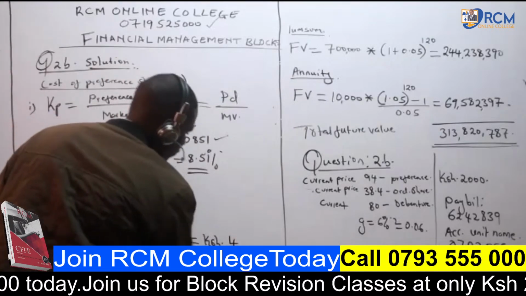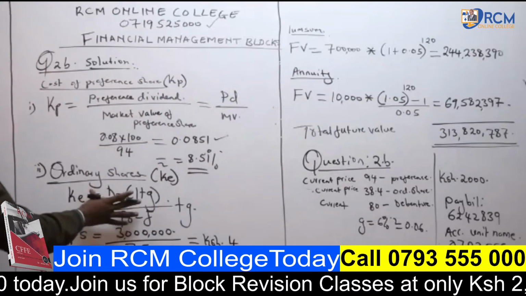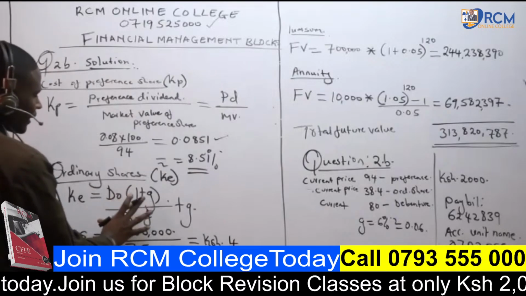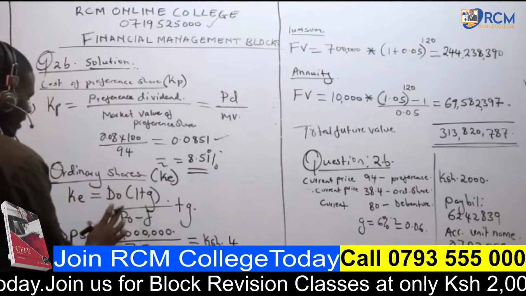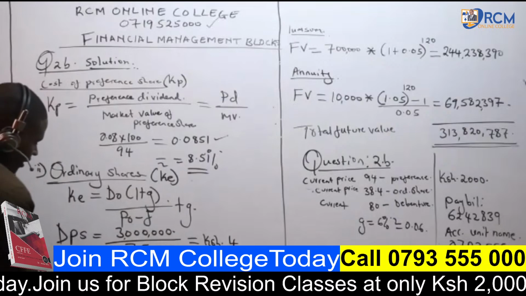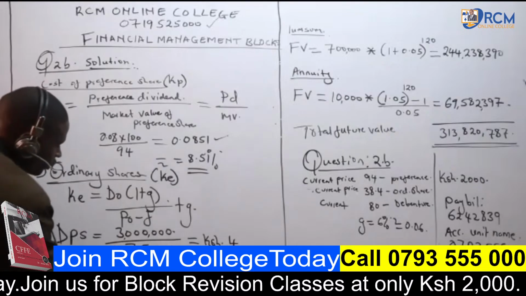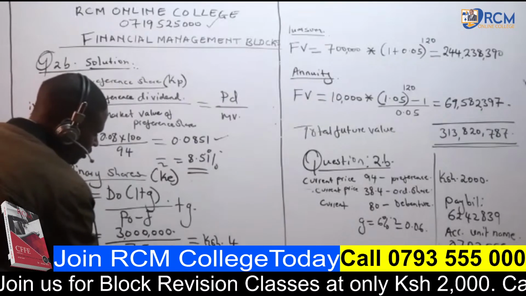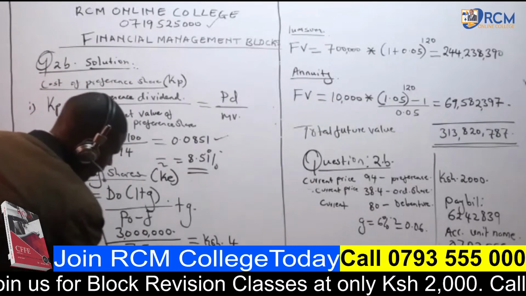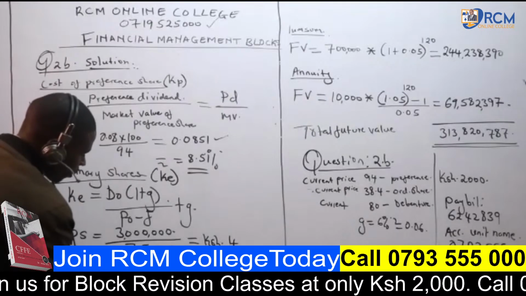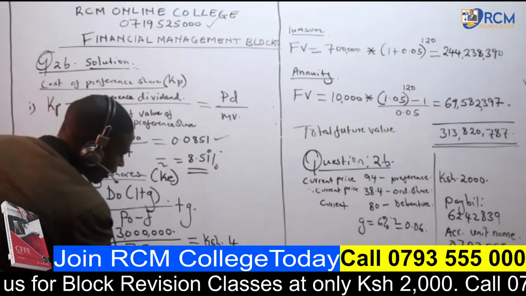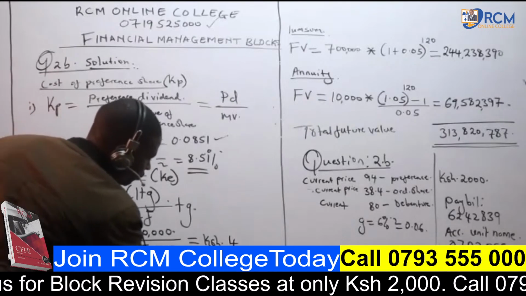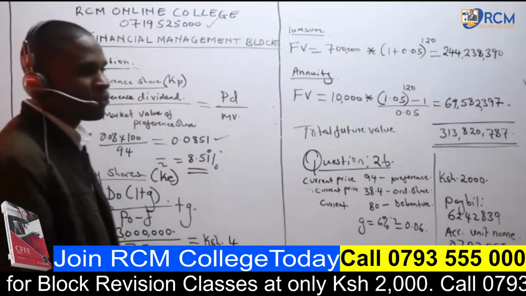So with that, class, I'm able to plug in my figures to get the KE. So the KE will be equal to 4 into bracket 1.06, that is my g, then I divide by P0, which is 38.4, and then I add my 0.06. So can you tell me what will be our cost of equity?